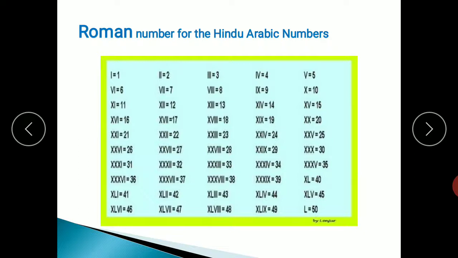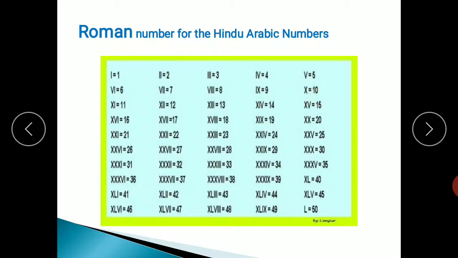One symbol chart we have to remember: 1 is I, 5 is V, 10 is X, 50 is L. Similarly, when you write 1 on the back side of X, 10 minus 1 will become 9, that is IX.